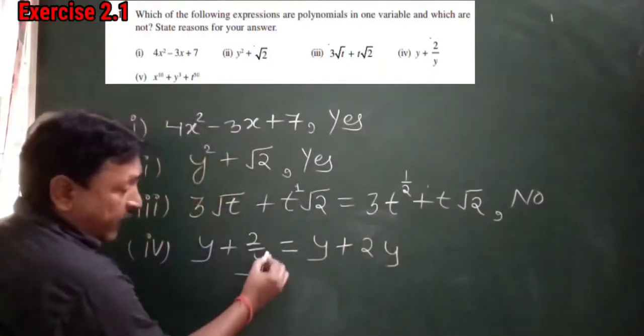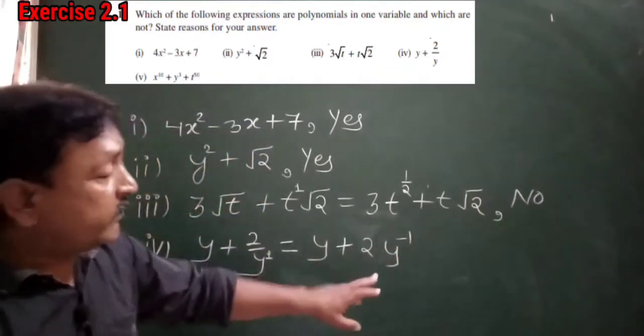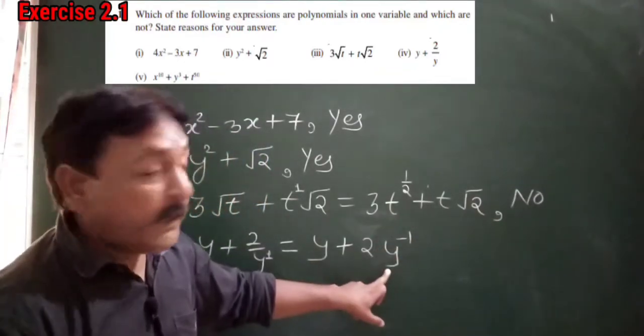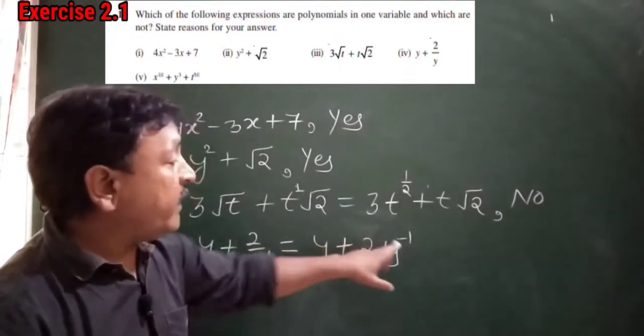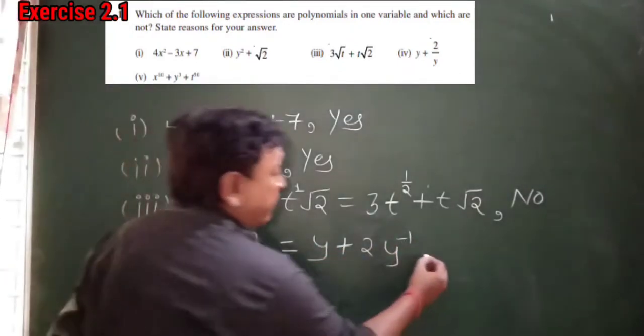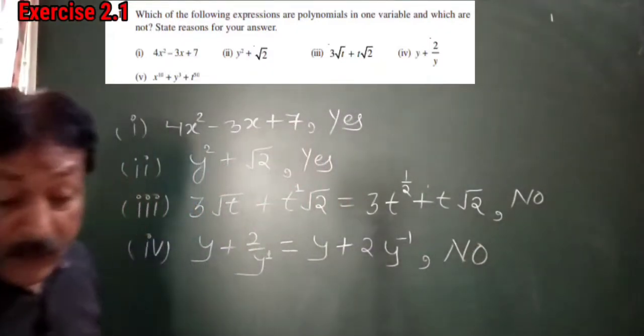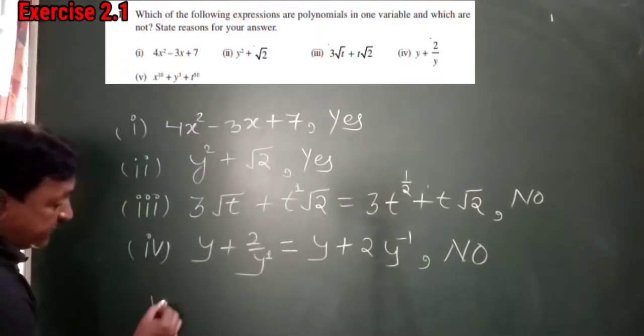What is the power here? 1. It will become minus 1. Again the same condition: one variable, it is okay, but the power of the variable is not a whole number, so it is not a polynomial. Is it clear?